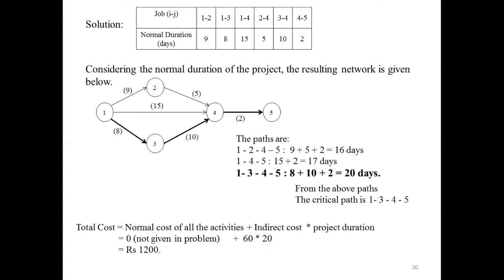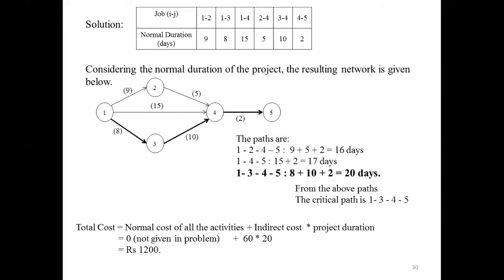Next you have to calculate the total cost, given by the normal cost of all the activities plus indirect cost times project duration. The normal cost of all the activities is not given in the problem. Only the normal duration and minimum duration are given, hence it is 0.